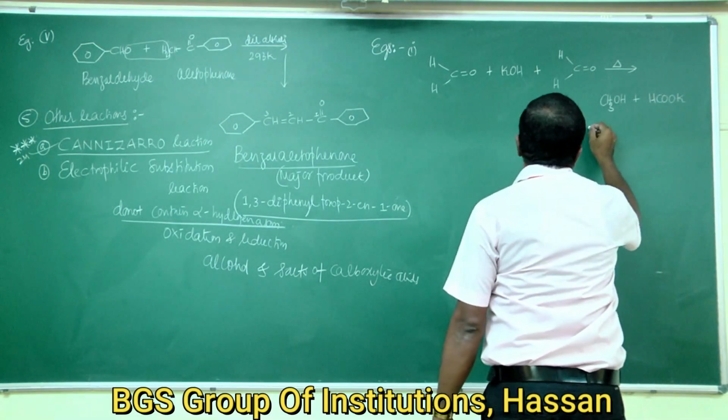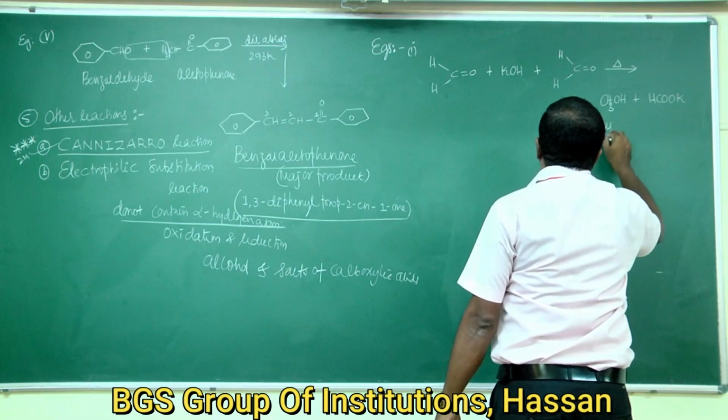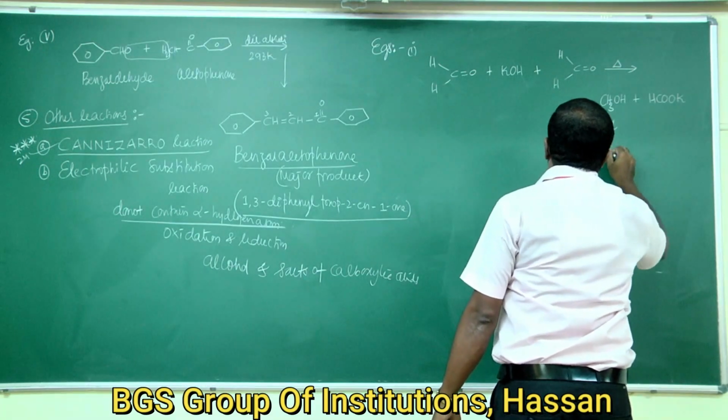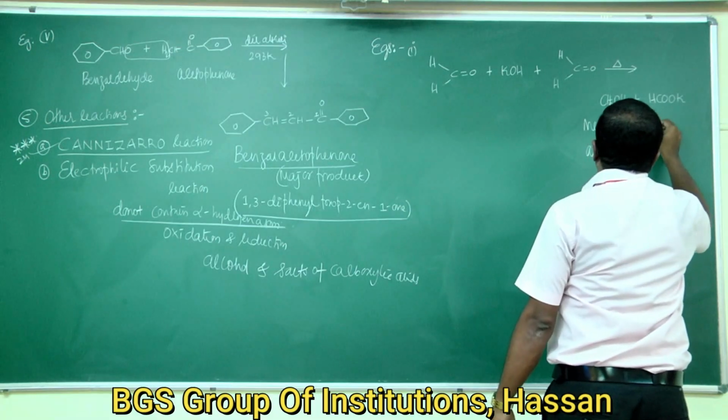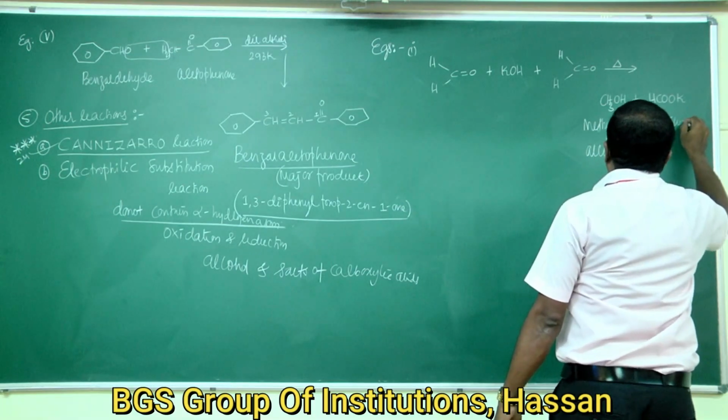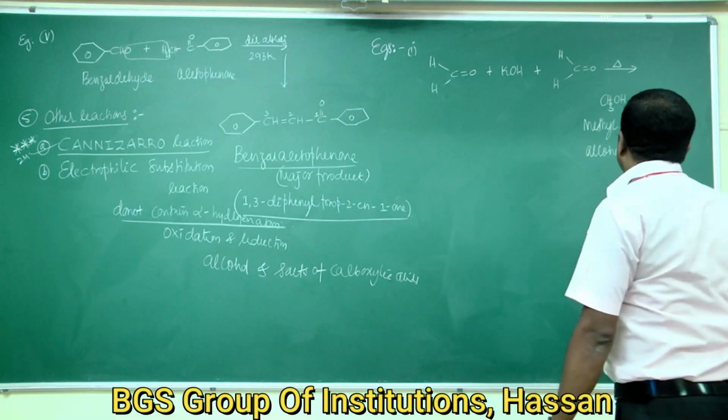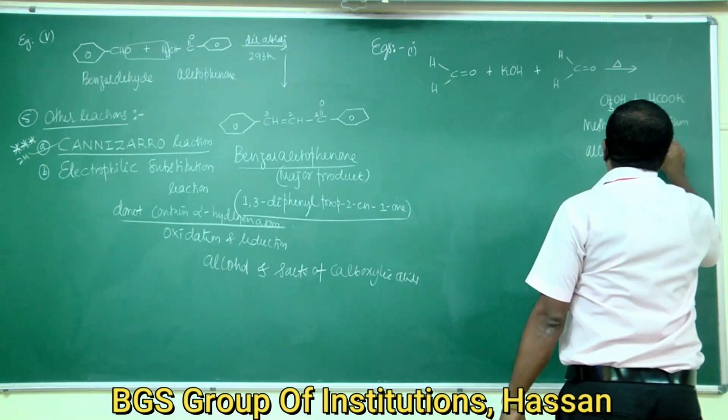This is methyl alcohol, and this is potassium formate. Potassium salt of formic acid is called potassium formate.